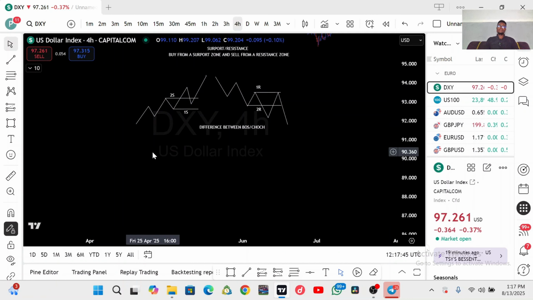Definitely there's not a permanent change of character, and there's also not a permanent BOS. Now, let's use the words a short change of character or a long change of character.